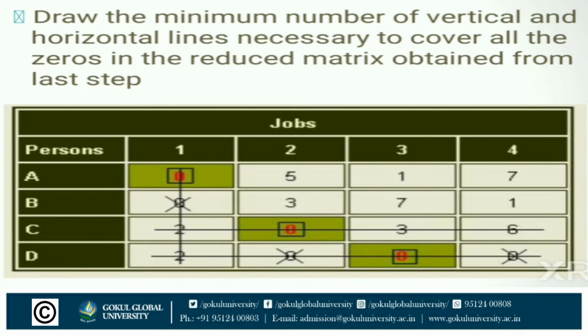Then cover this column. So here we can see that the number of columns or rows is 4 and the number of vertical or horizontal lines is 1, 2 and 3. So one line is remaining, then we can proceed and give one other line, then show the next table.